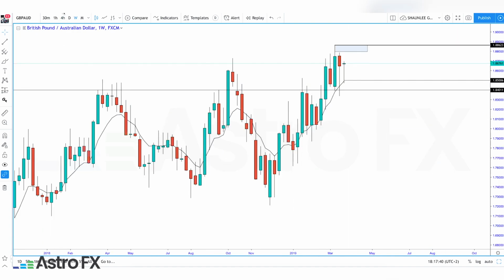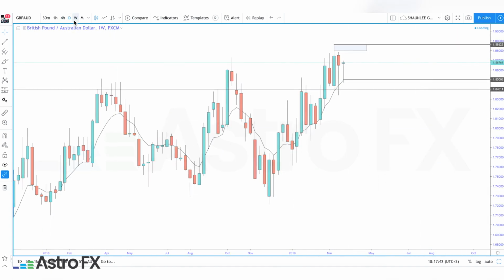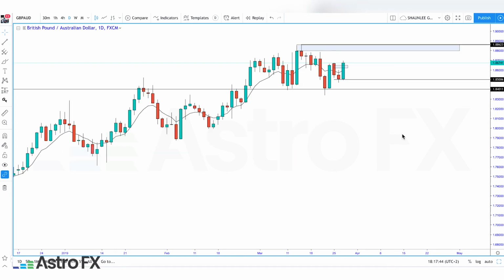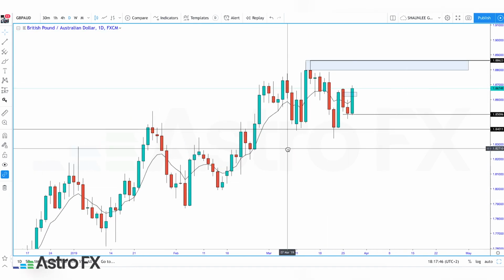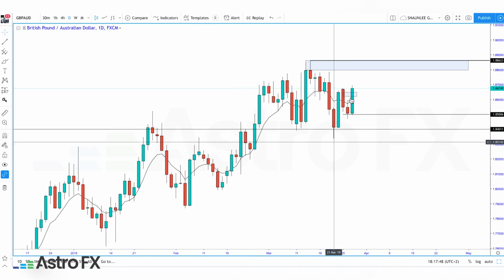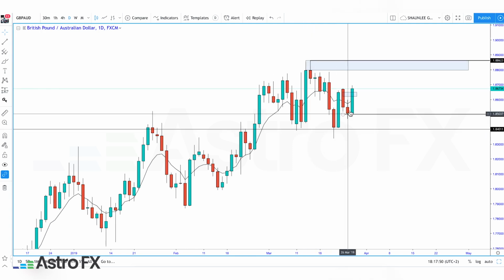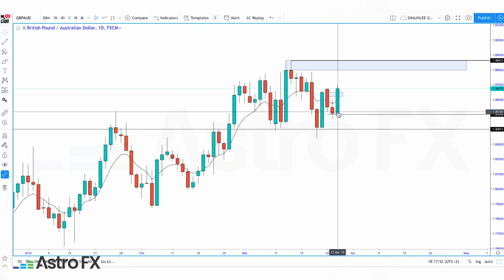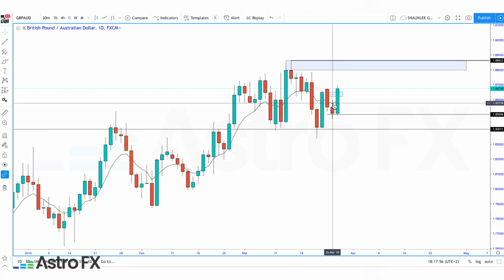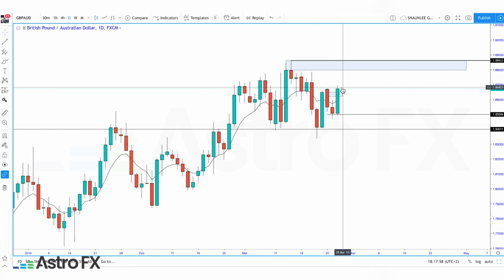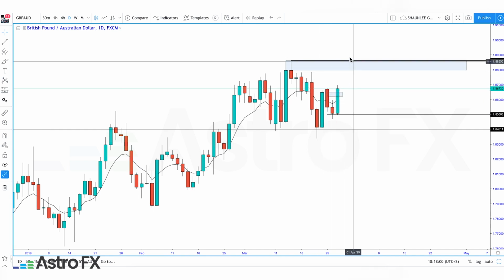Coming into the GBP AUD, looking at the daily chart now, we consolidated for some time from high down to low, and what we can also see is that we pushed higher. We've broken 8600, we're breaking the moving average, and now we're looking to go into the higher levels.